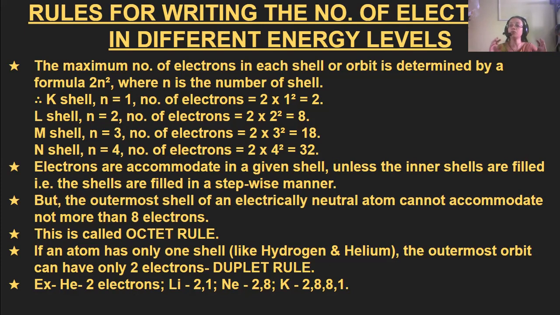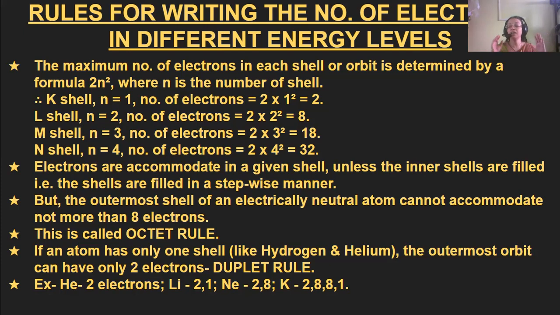This is known as the octet rule. Even if the element has, say, 2 shells, the last shell will contain not more than 8 electrons. Mind the spelling, octet rule.